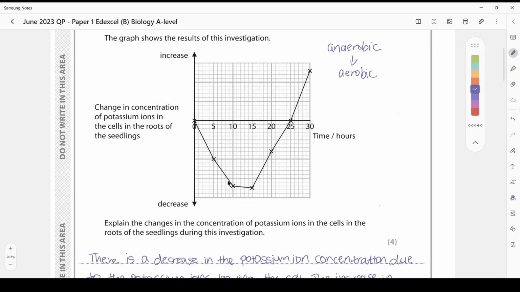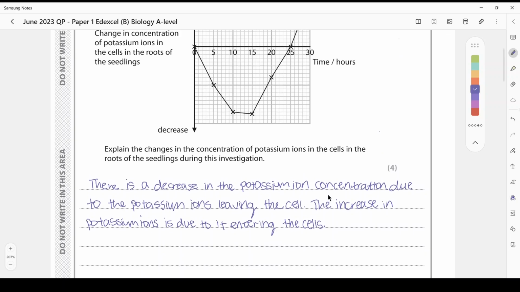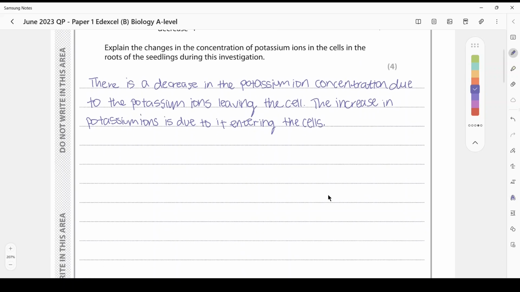So facilitated diffusion is basically when charged ions or polar molecules like glucose would go from a region of high concentration to low concentration using a protein channel. Because potassium ions are positively charged, it can't just go through the membrane. It has to rely on a protein channel. So let's write that down.